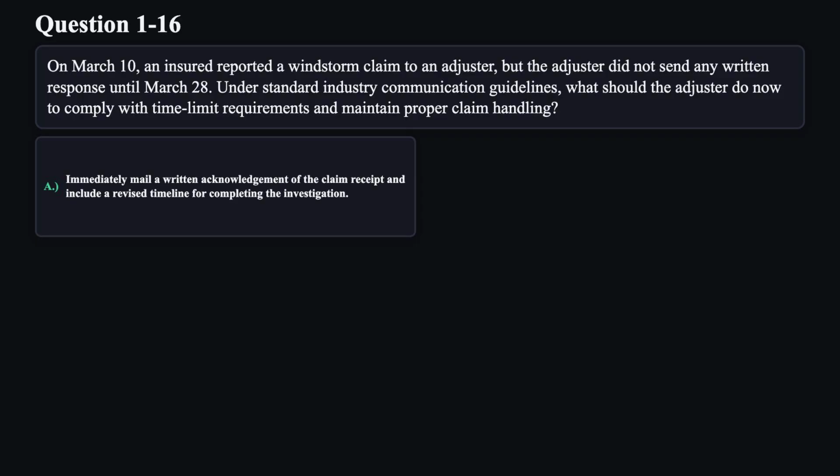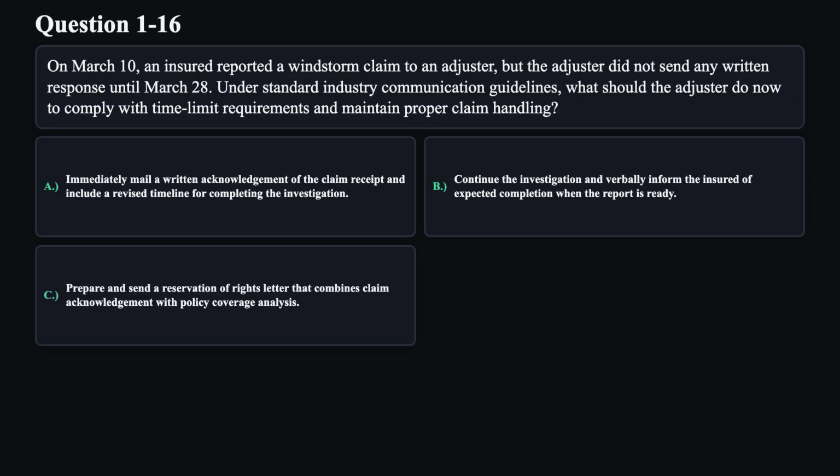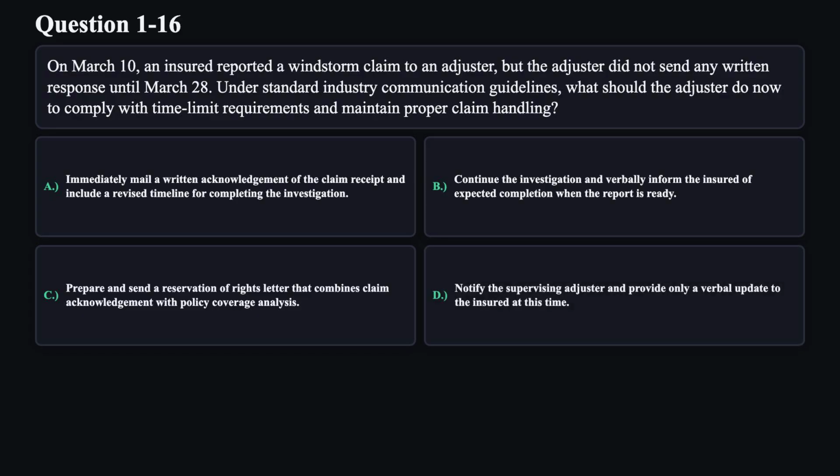A. Immediately mail a written acknowledgement of the claim receipt and include a revised timeline for completing the investigation. B. Continue the investigation and verbally inform the insured of expected completion when the report is ready. C. Prepare and send a reservation of rights letter that combines claim acknowledgement with policy coverage analysis. D. Notify the supervising adjuster and provide only a verbal update to the insured at this time.